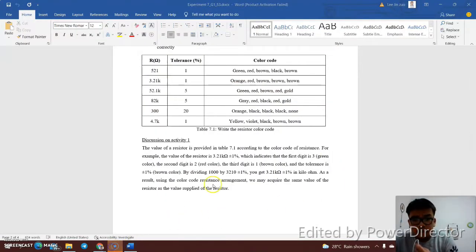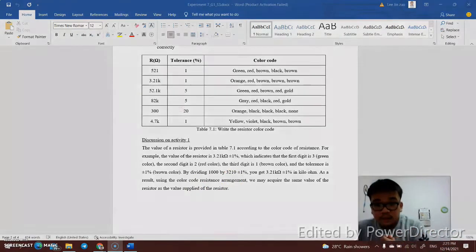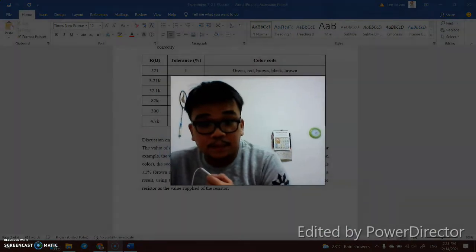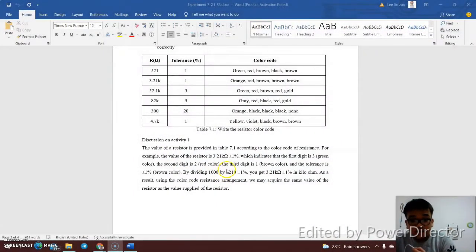After that, the tolerance is 1%, which is brown, and dividing by 1000, so we can get these values. As a result, by using the color code resistance arrangement, we get the same value for the resistor as the value supplied.